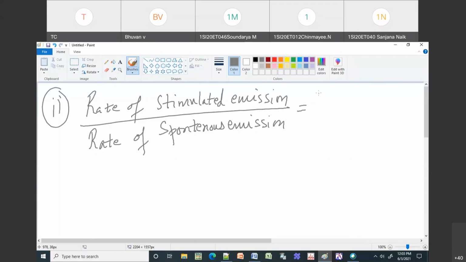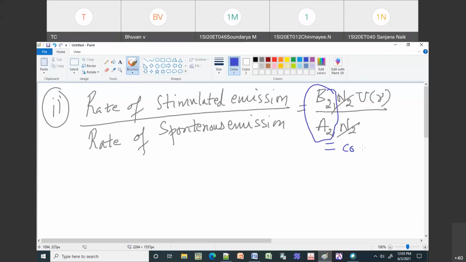If you remember, this is B21 N2 U of nu divided by A21 N2, that is your spontaneous emission. In this case N2 and N2 cancel, and as I told in the previous case, B21 and A21 are constants, so you can even ignore them.